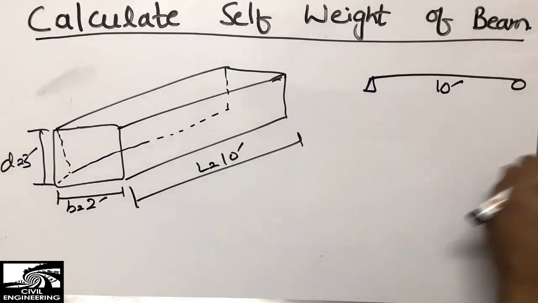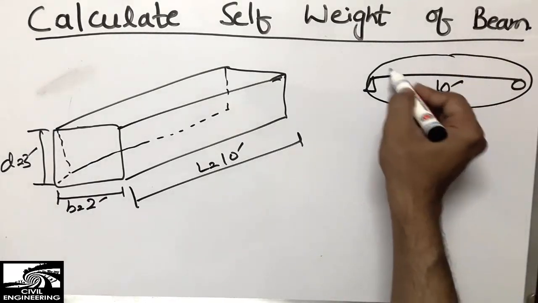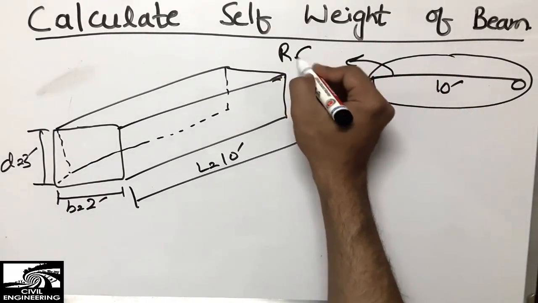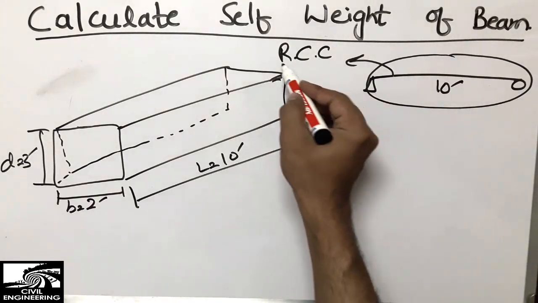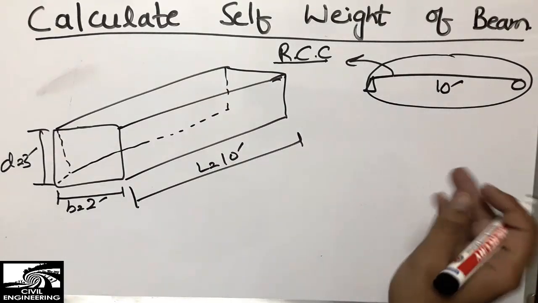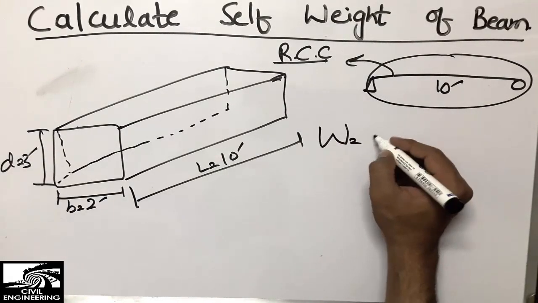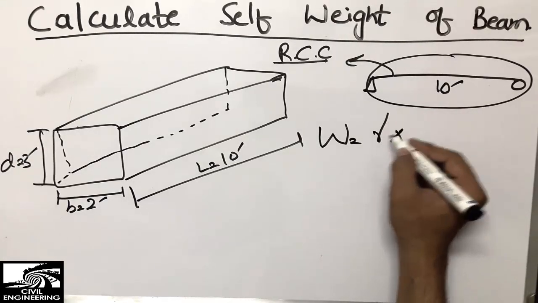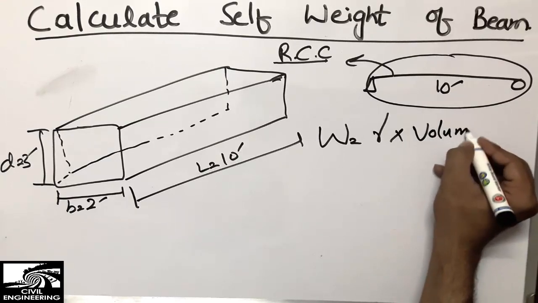So we are interested in finding the self weight of this reinforced concrete beam. This is an R.C.C beam, composed of reinforced concrete. To find its self weight, we have a formula: the weight is equal to the unit weight of the object multiplied by the volume, right?